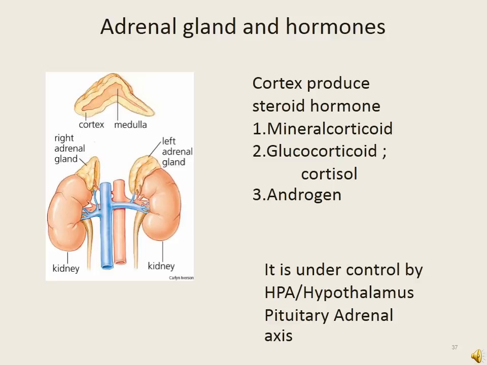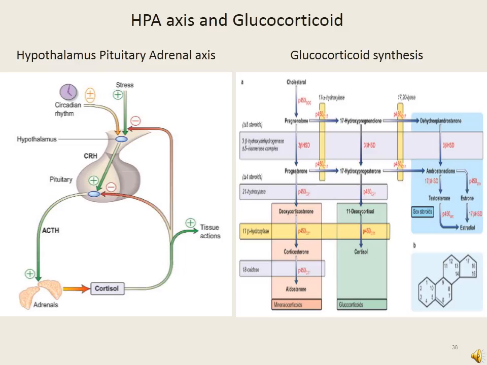And to review, it is under the HPA, the hypothalamus pituitary adrenal axis. This slide has figures showing the hypothalamus pituitary adrenal axis, HPA axis. You will see the regulation between these three glands.